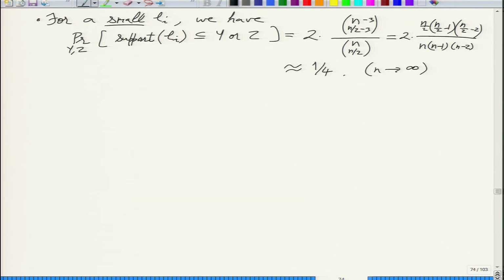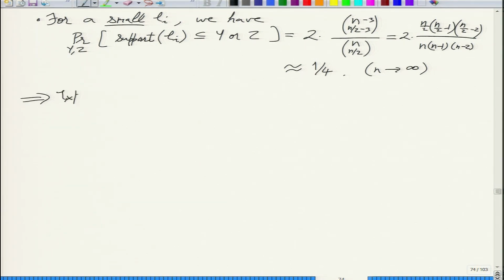As n tends to infinity, this is just 1 by 4, which is okay. We just wanted some constant probability, and I'll need this 1/4 for the subsequent calculation. So let me continue with this 1/4.